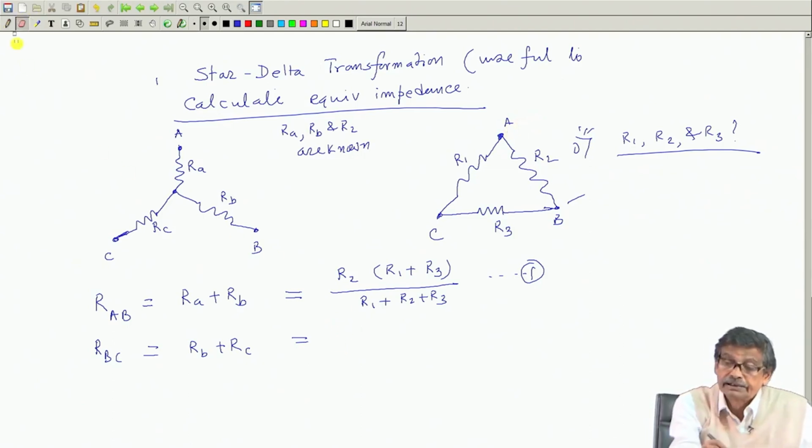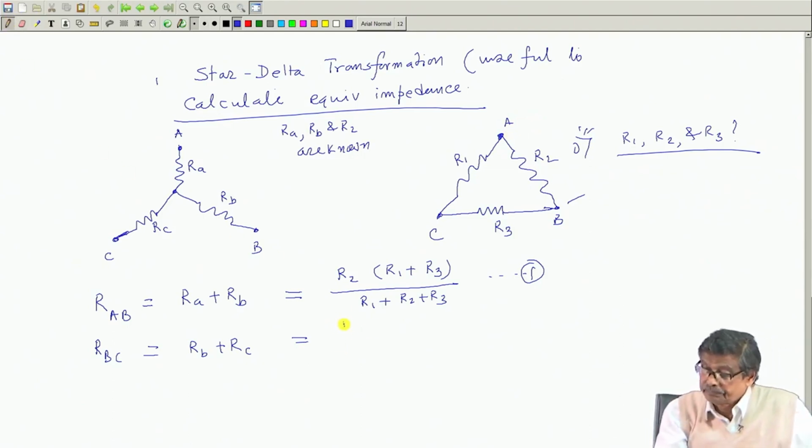That is R3 into (R1 plus R2) divided by, once again, R1 plus R2 plus R3. This is equation 2.